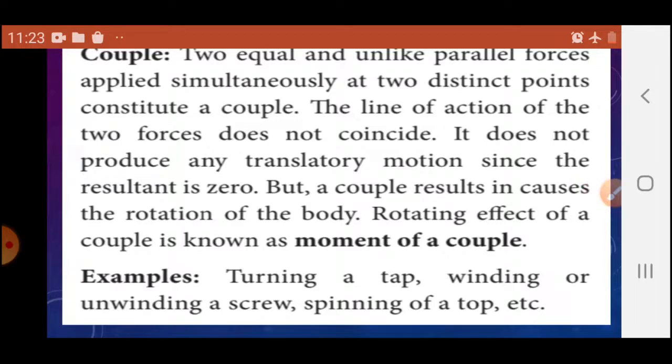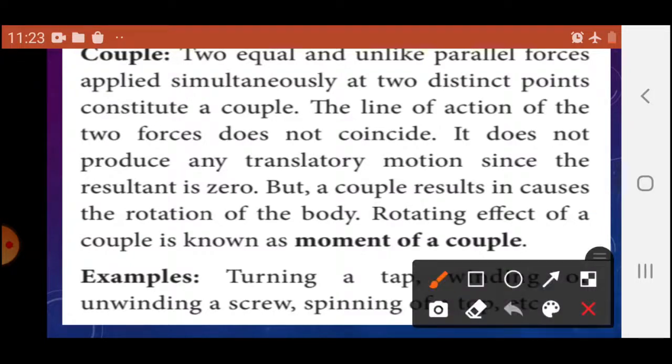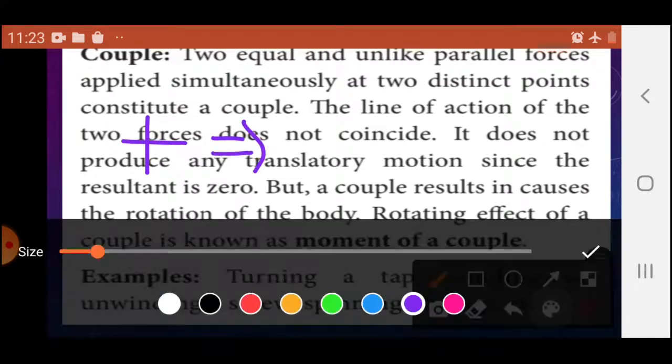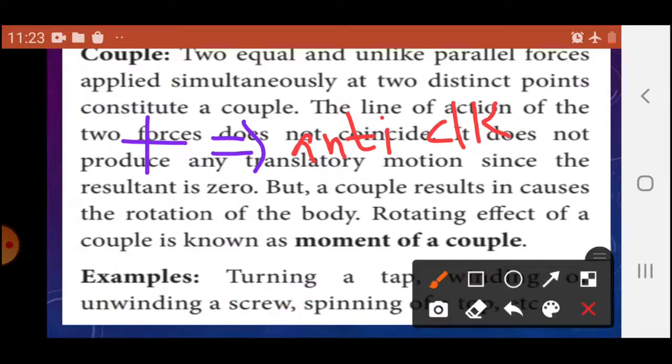And the convention we are going to take: by convention, the moment of force or couple is taken as positive when it is anti-clockwise. Positive is anti-clockwise.